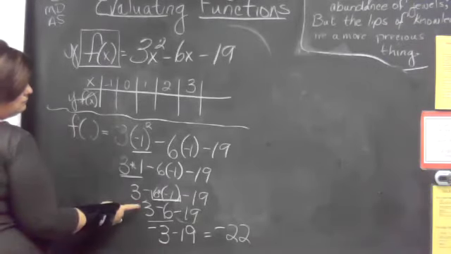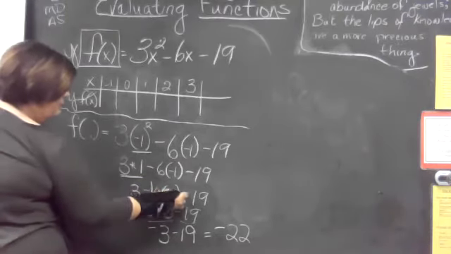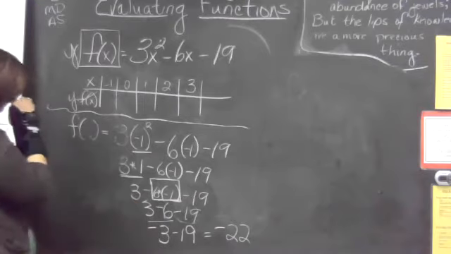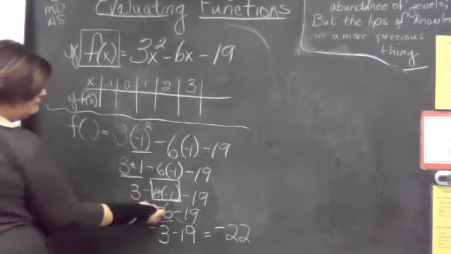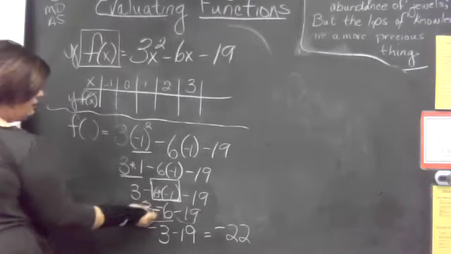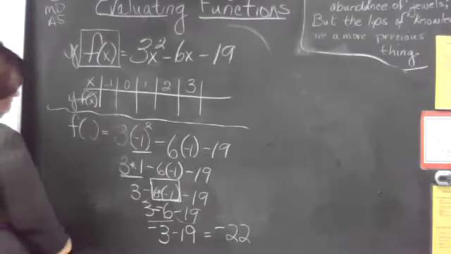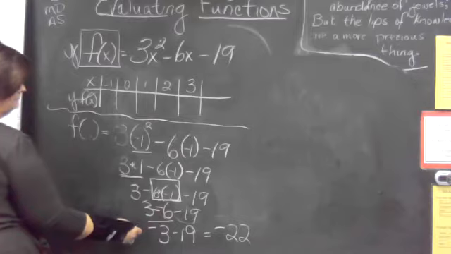Okay, here's what happened. So right here, when I said the answer to this part was negative 6, so when I wrote down the rest of the problem, I failed to put this minus in there. So be very careful with those. That's what I did on my paper. I did negative, put 3, take away negative 6, take away 19.